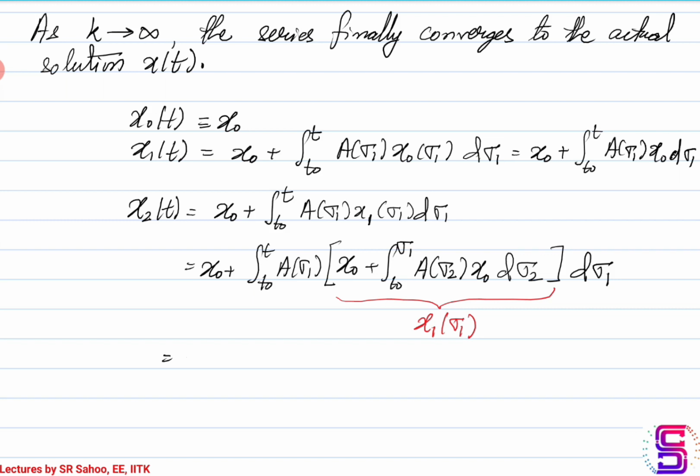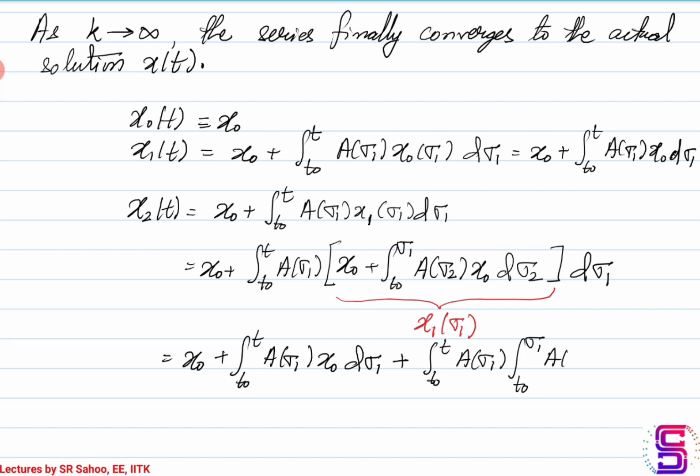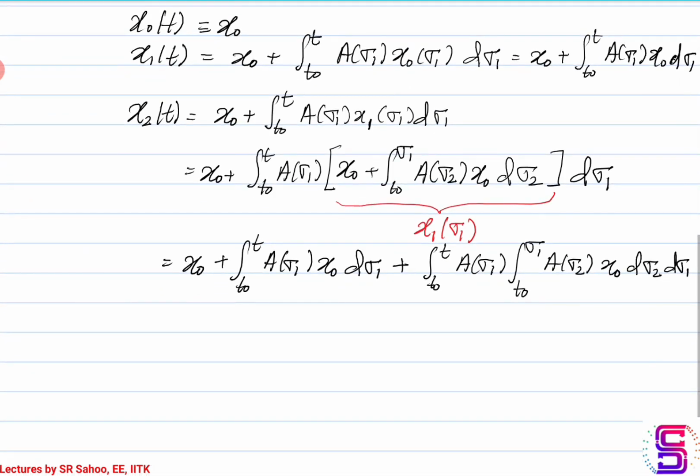So what you essentially have is x0 plus the integral T0 till t of A sigma 1 x0 d sigma 1, plus the integral T0 till t of A sigma 1 multiplied by the integral T0 till sigma 1 of A sigma 2 x0 d sigma 2 d sigma 1, right?